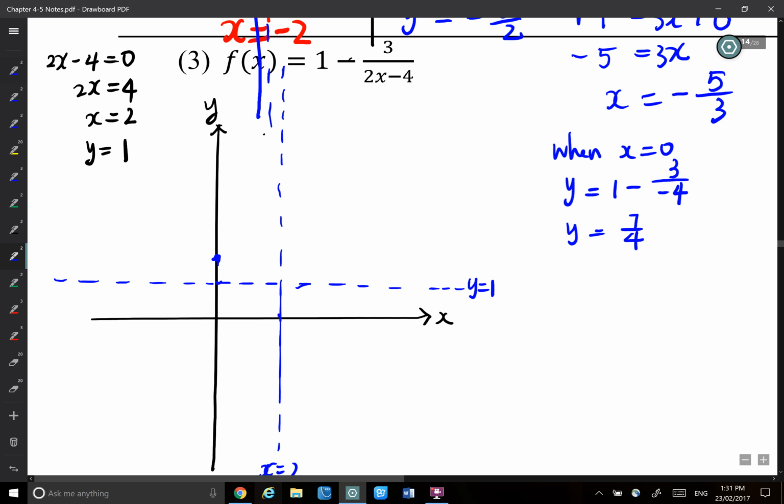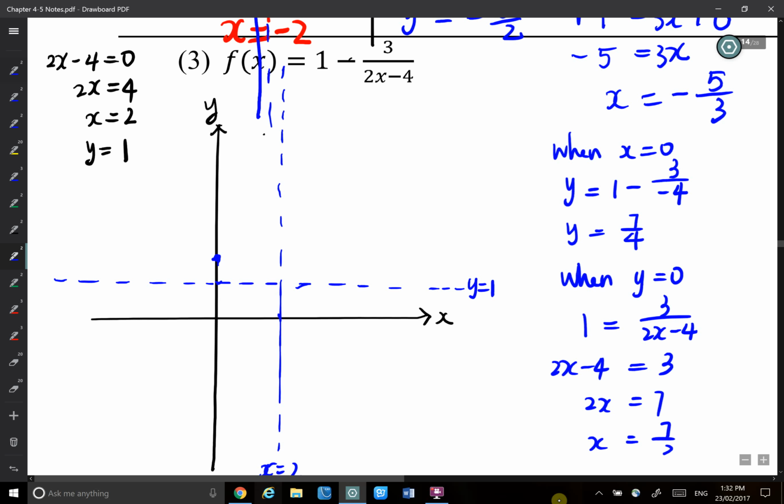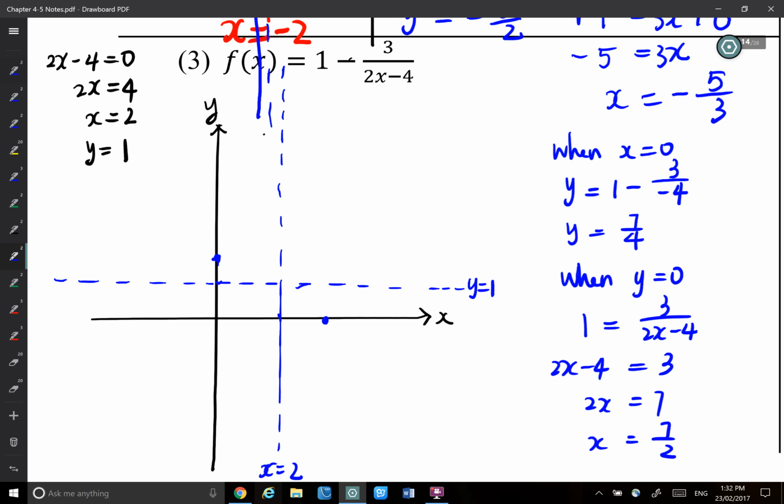Which is here. And the next one is finding when y equals 0: 0 equals 3 over 2x minus 4 plus 1, so 2x minus 4 equals 3, 2x equals 7, x equals 7 on 2. The point is here. The two parts I should have graphed are in the second and fourth quadrant.